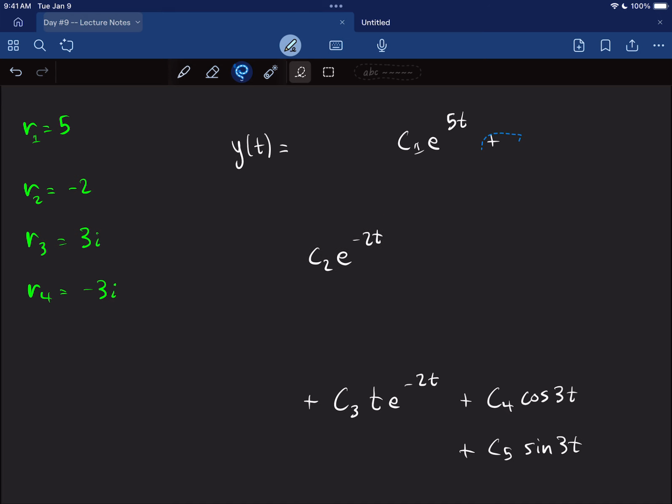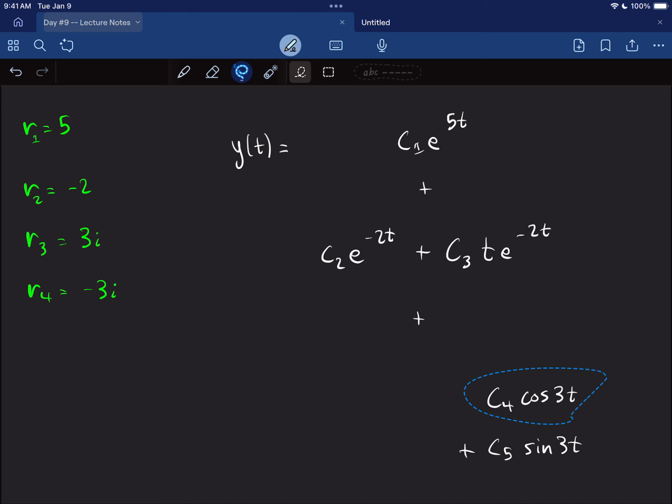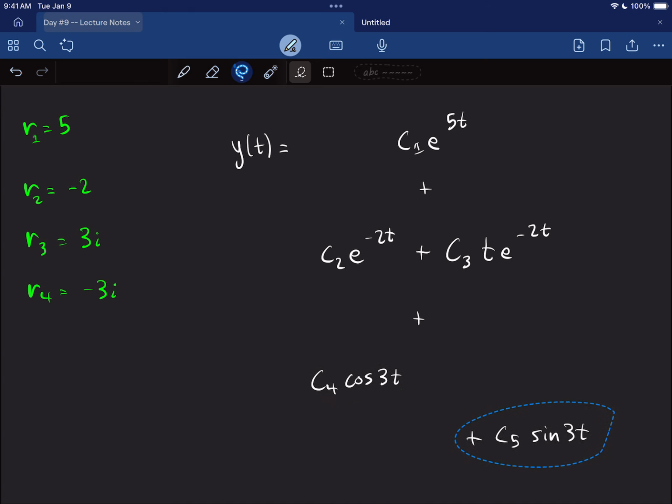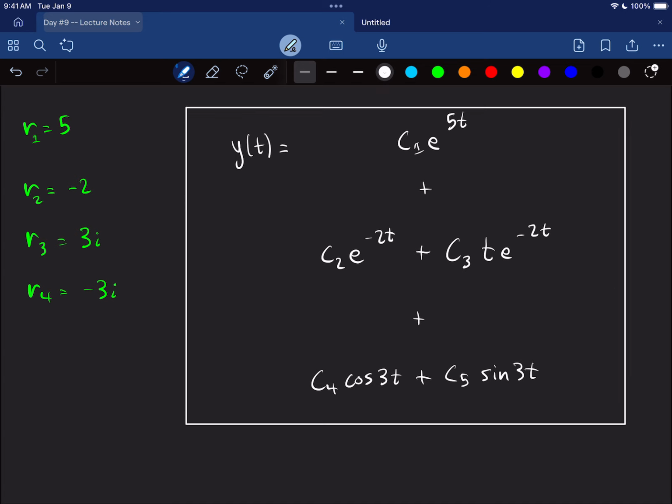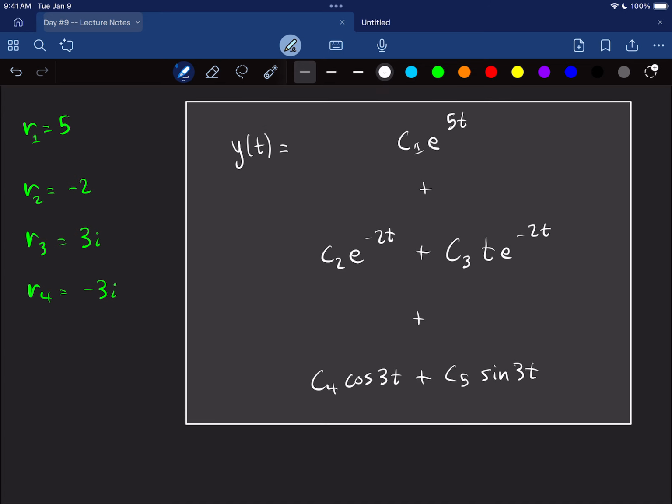This will look kind of fun. There you go. Final answer. So if you've got these different cases combined, you just do each of them individually and then just add them together with some pluses, and you're all good.